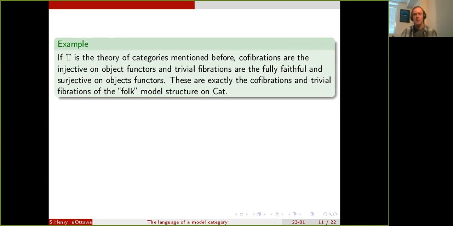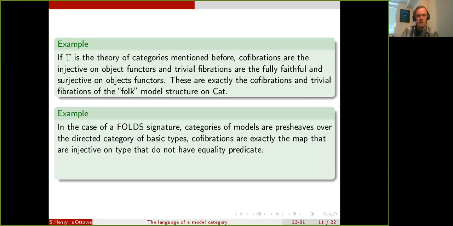And that's where the connection between model categories and Cartmell theories is, in my opinion, which is that this natural factorization system that you get on the category of models of a Cartmell theory is the one that we use in model category theory to get the cofibrations and the trivial fibrations. And as we said, this precise theory of categories is the one for which the theorem of Freyd and Blanc applied. And so this is the general pattern that I want to talk about in this talk.